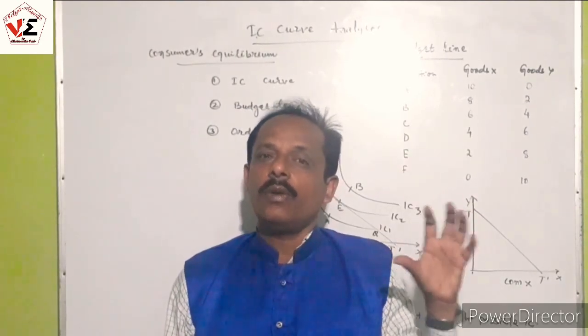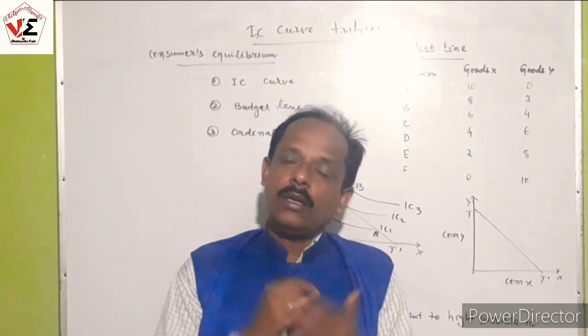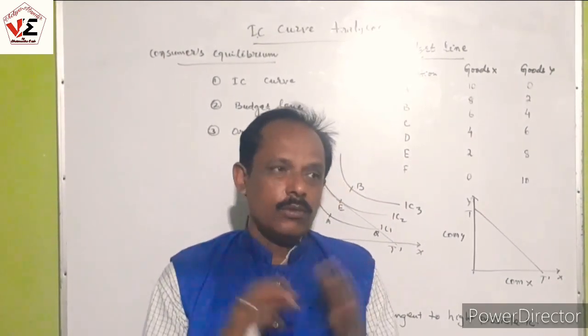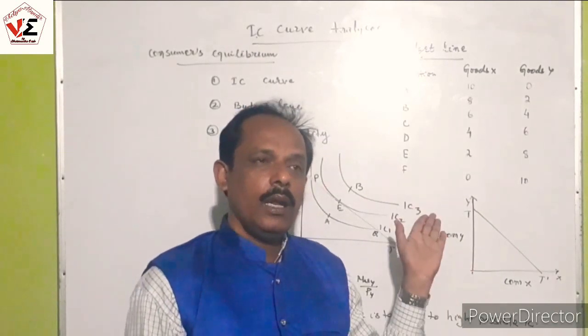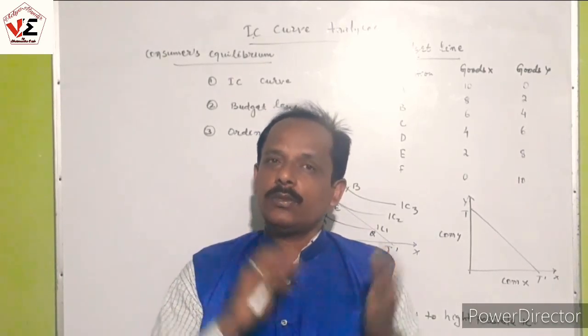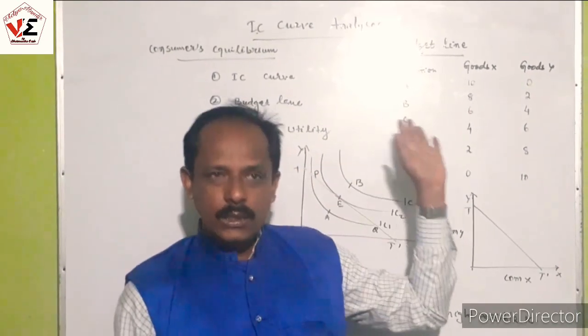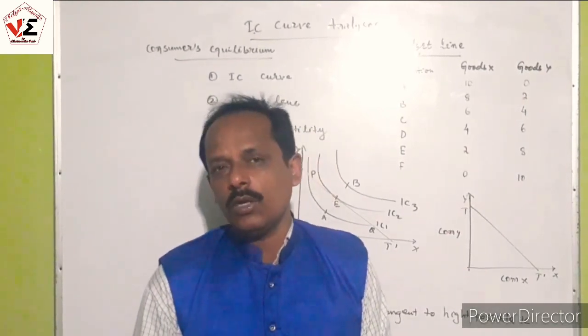So equilibrium is the point of rest. If we move away from the equilibrium, the level of satisfaction may differ, and we cannot get a better satisfaction. If we move towards the left or right on the graph, the level of satisfaction will change. So equilibrium provides the optimum level of satisfaction to the consumer.